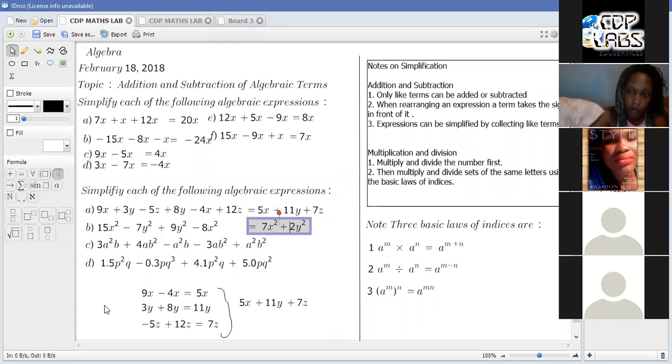Okay, so it's 3a squared b minus a squared b. Yes, ma'am.